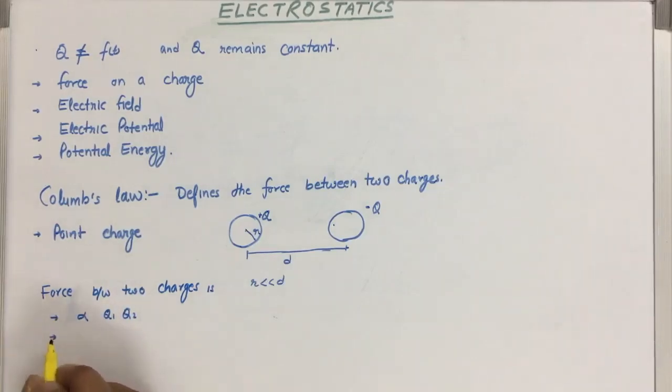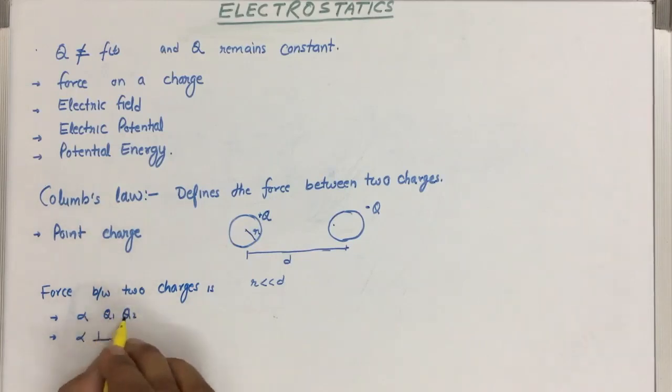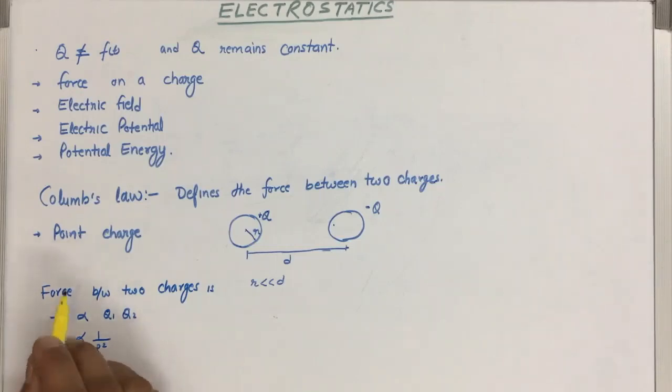Second thing we can add, it is inversely proportional to the square of the distance between these two point charges. And third thing, since force is a vector quantity, it must have a proper direction, and on the basis of that we can say the direction of the force will be along the line joining them.